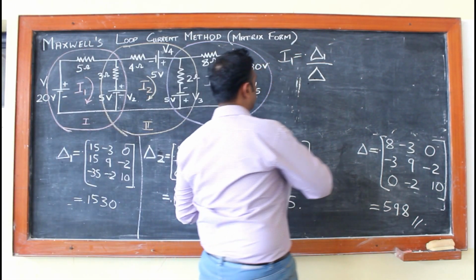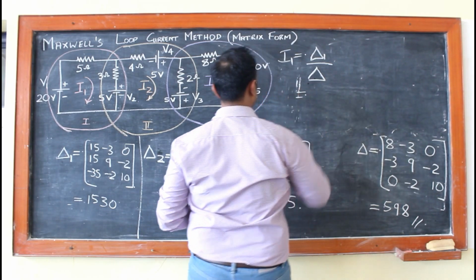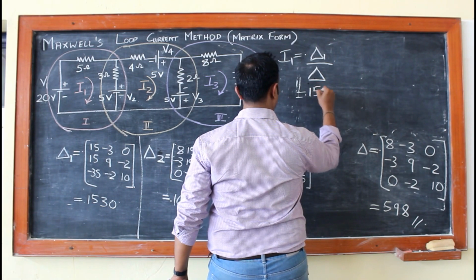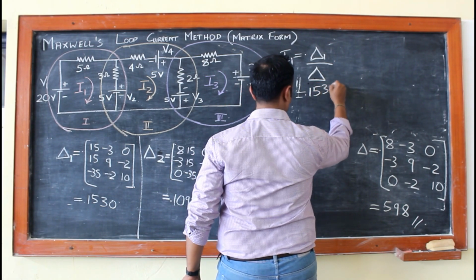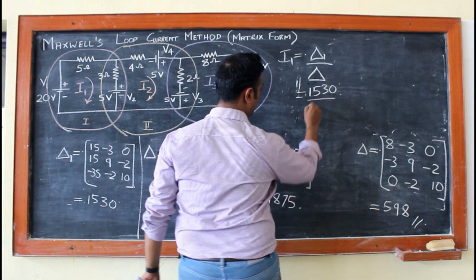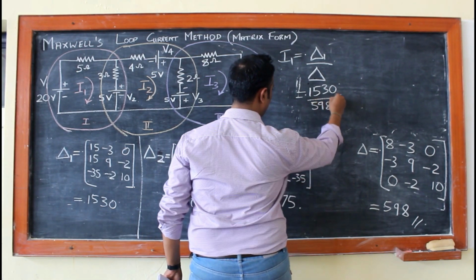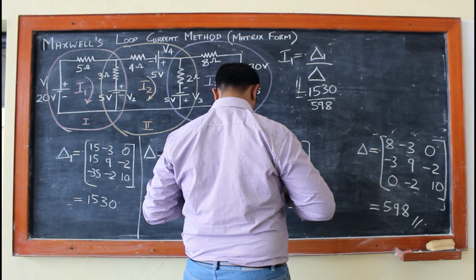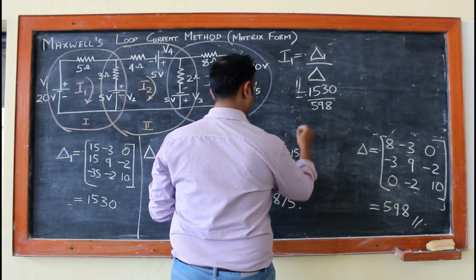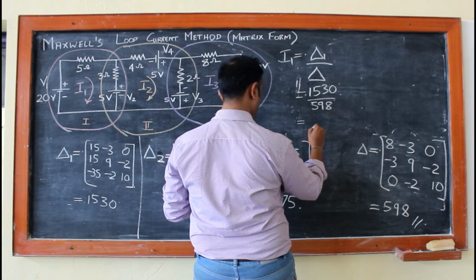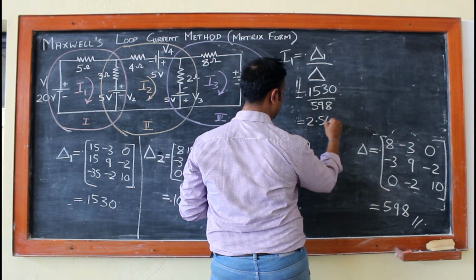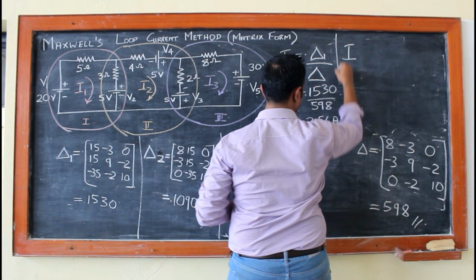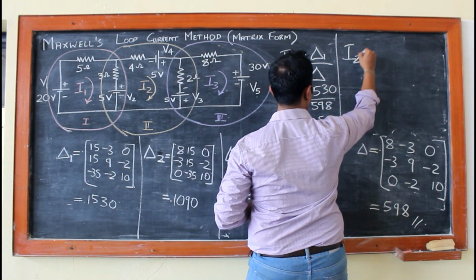So from this formula, taking the determinant of delta 1, which is 1530, divided by 598, I get the value 2.56. In the same way, I can find out I2.